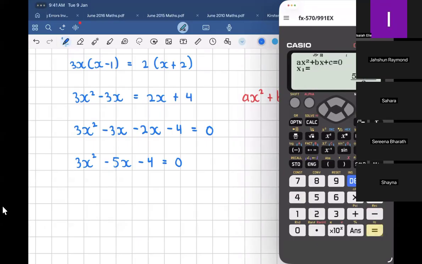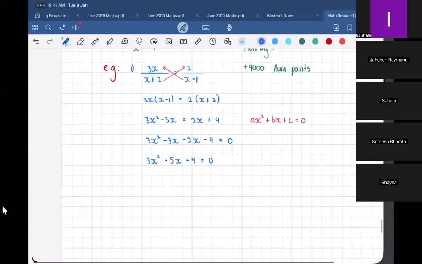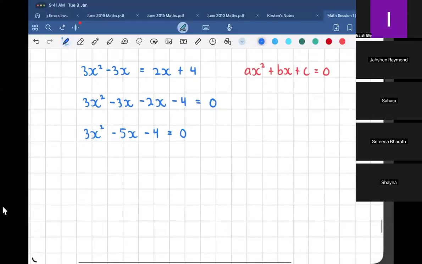Okay, so is this factorizable? Look at the value for x. 5 plus root 73 over 6. Does that look factorizable? No. So we actually have to use the quadratic formula. Do you all know the quadratic formula? Did any of you do it in school as yet? Yes. x is equal to what?